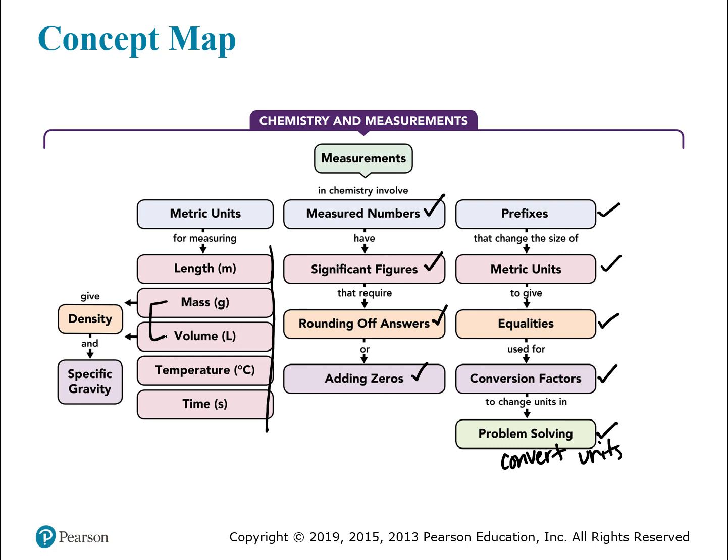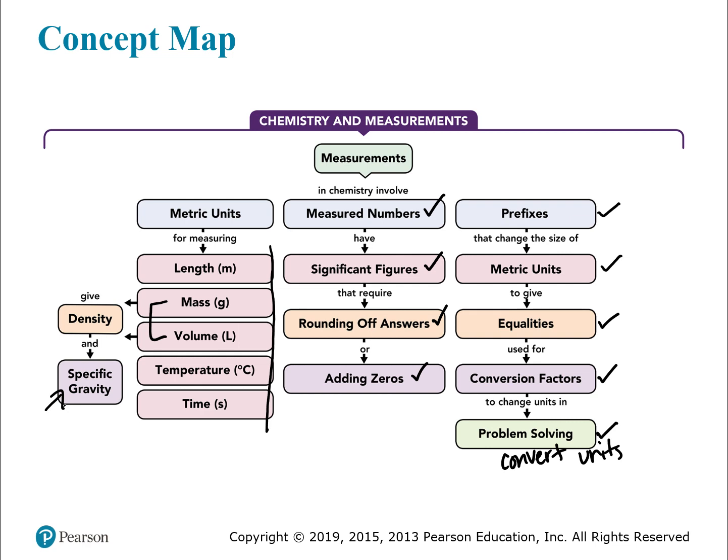And we learned how to use density as a conversion factor to solve other problems. Finally, we ended by talking about specific gravity and how that is a relationship between the density of a sample or substance and water, and kind of what to expect if you have a specific gravity that's greater than 1 and less than 1.